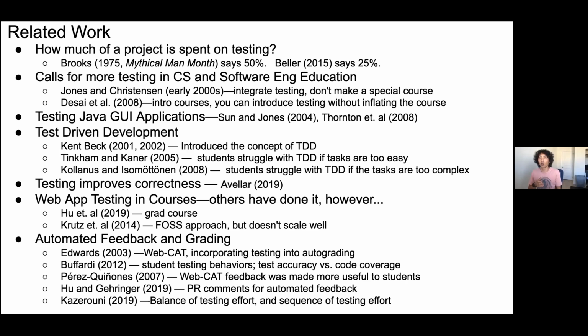So there were calls for more testing in CS and software engineering education long before this, but worth noting, I'm going to limit myself, aside from The Mythical Man-Month, to the past 20 years of literature. So Jones and Christensen in the early 2000s put out a paper saying that the computer science curriculum is already fairly saturated.